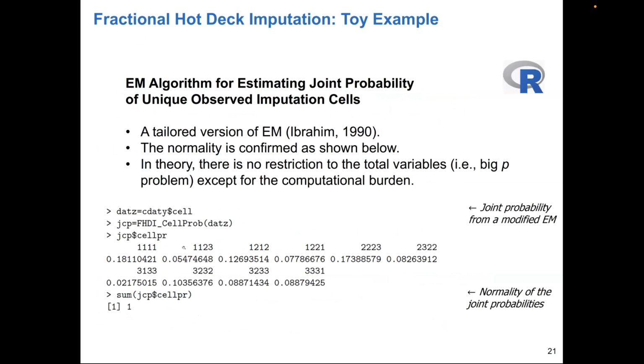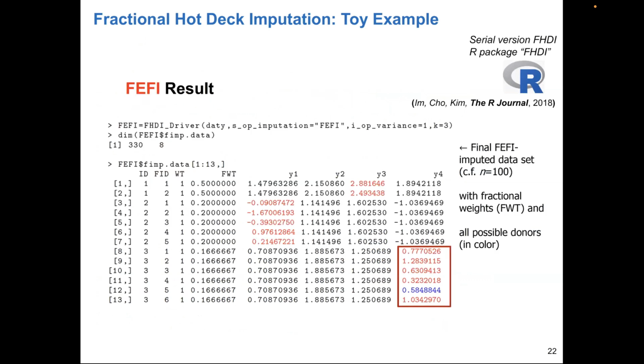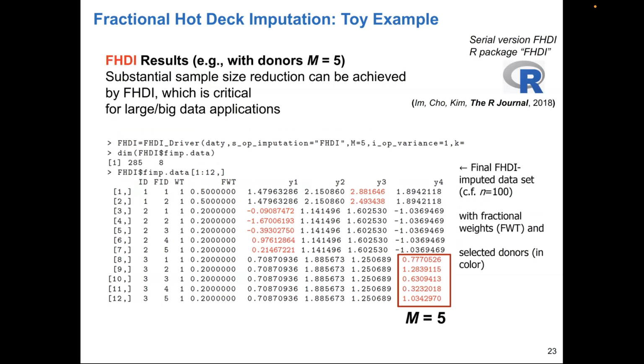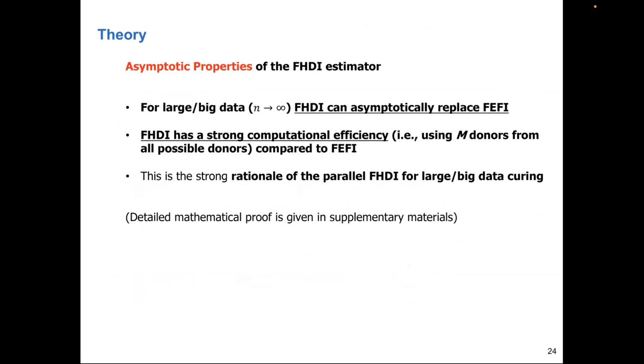To do that, we need to investigate first. This is the pattern of the observed values, and this 0.18 something is the joint probability of the entire group. This is after curing. For example, these are the 6 donors, and the donors give different values for this Y4, whereas when we use 5 donors, this is the possible imputed value for Y4. There is some theory about that.